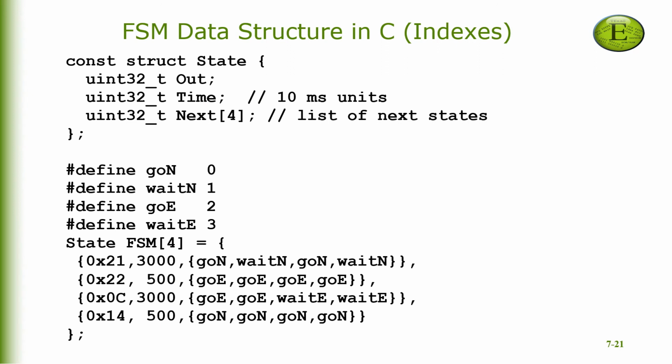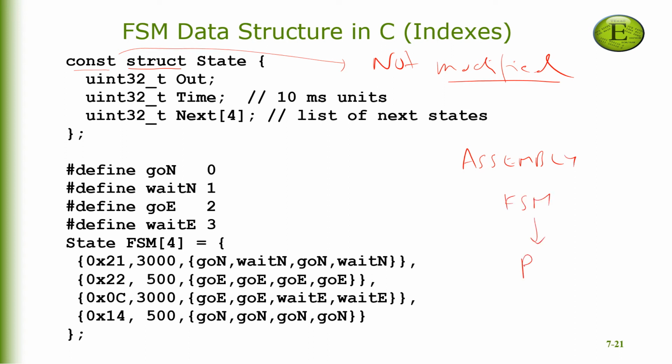Let us now discuss how to write the same program in the C language. We're going to make use of the struct as a constant, meaning that it is not going to be modified. And that is fairly consistent with the finite state machine description we provided in the assembly language code when we put the FSM information in the ROM.